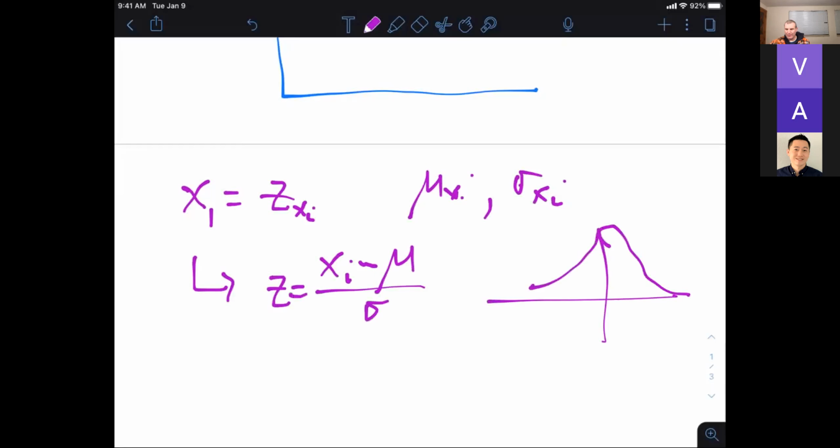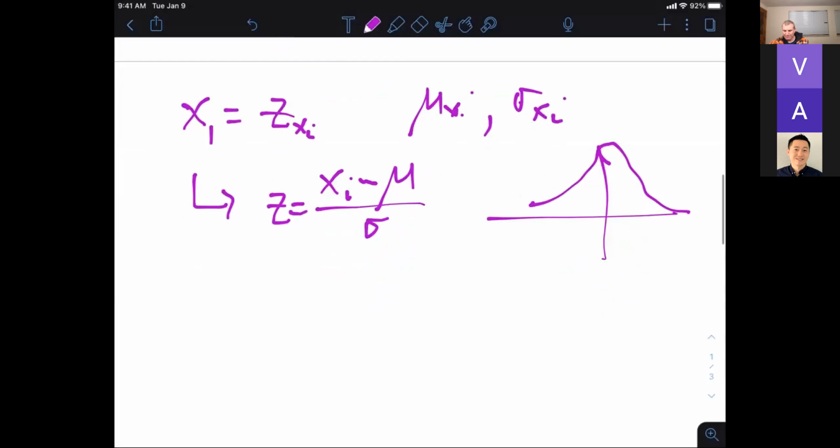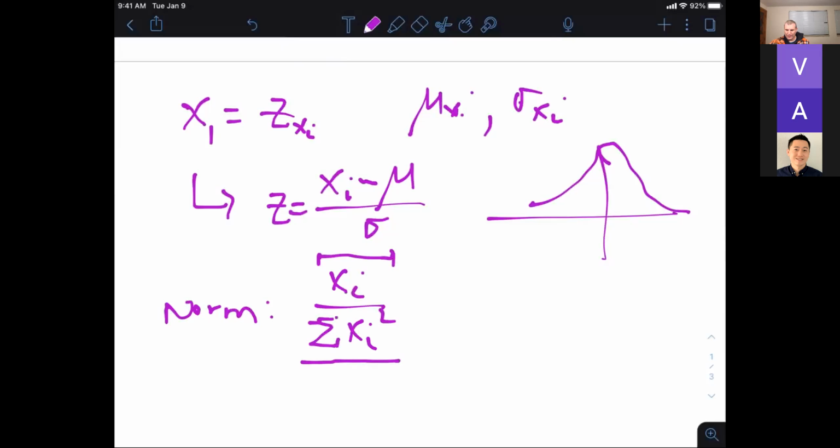There's a couple of others in there. There's normalization, which is an individual x over the sum of all x sub i squared. So this is basically the distance formula. You take an individual item and divide it by the length of the entire vector set.